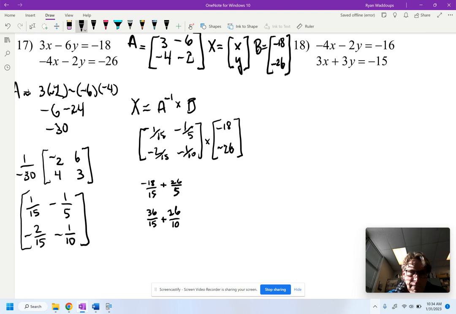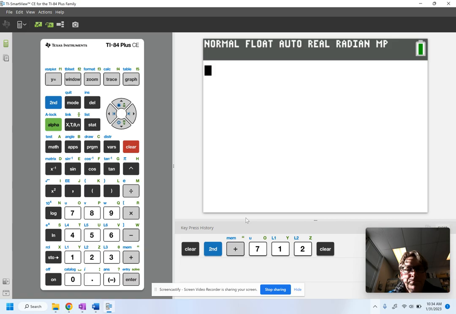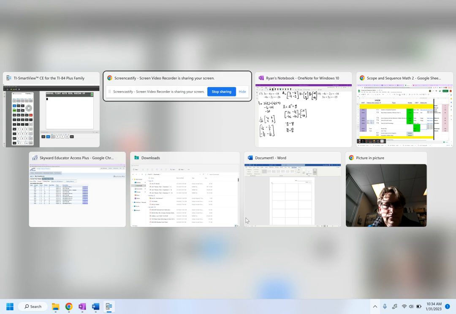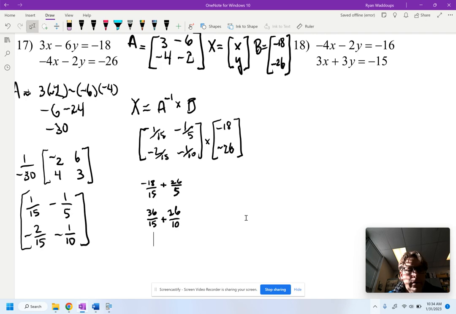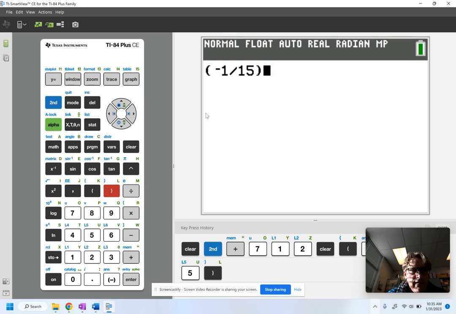We could do it by hand, but we've got a calculator. We can use our tools here. All right, negative 18/15. So we just type in, use parentheses, negative 18/15. Oop, I missed something there.